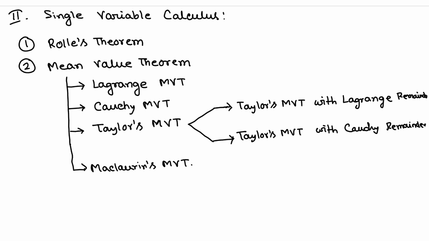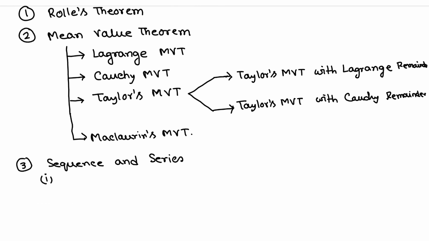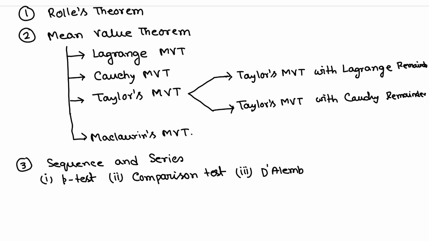This is the first part, and in the second part you have sequence and series. Okay, and in this portion you have total 6 tests. First one is p test. Number 2 is comparison test. Number 3 is D'Alembert ratio test.